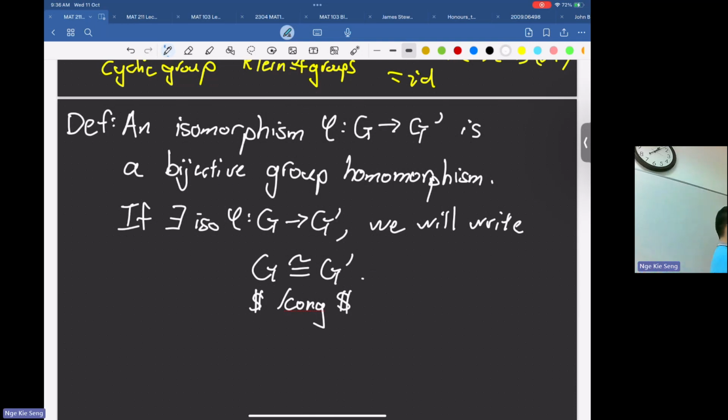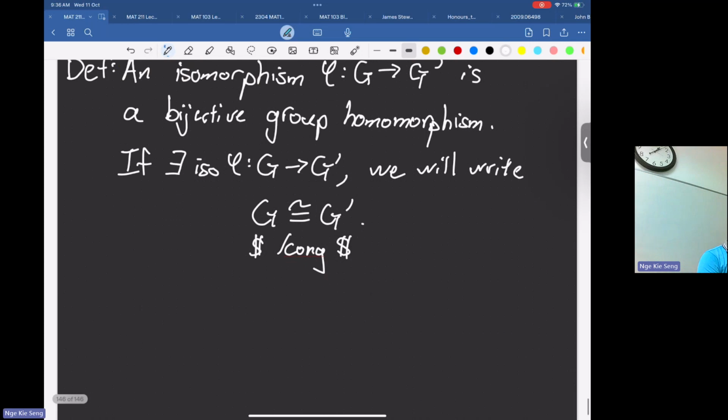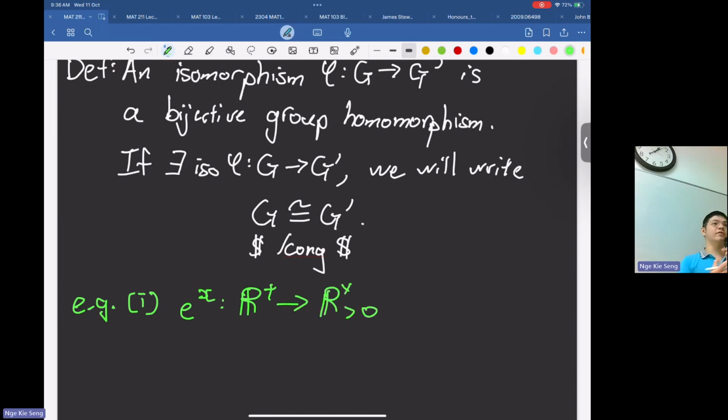Let's see what kind of isomorphism you have seen before, examples you might not have realized. For example, the exponential map from R plus to R cross. Just now we saw that the kernel is 0, so this map is already injective. But why is it surjective?